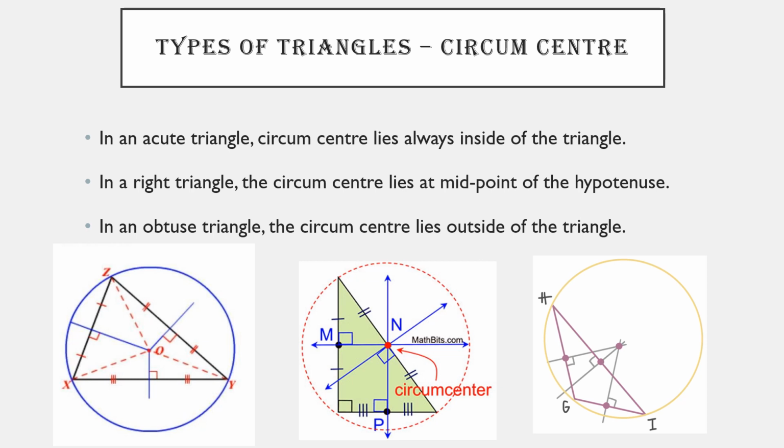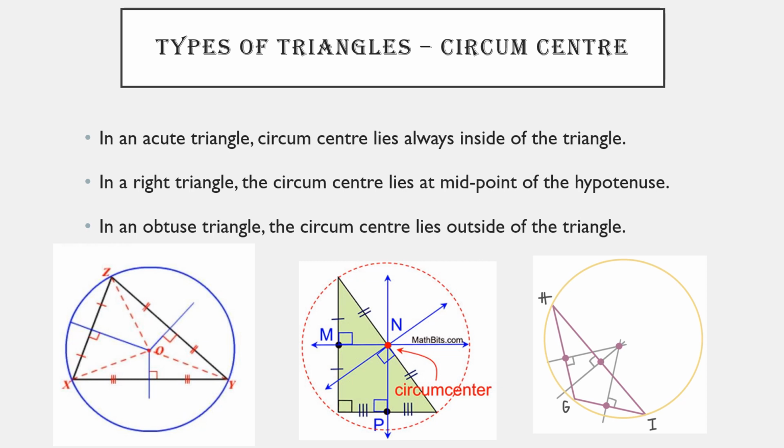And the point of concurrence of the perpendicular bisectors is called the circumcenter, and the circumcenter is represented by the letter S, and it is always at equal distance from the three vertices. If we draw a circle by taking S as the center and SA or SB or SC as the radius, we will get a circle which is passing through the three vertices of the triangle ABC.